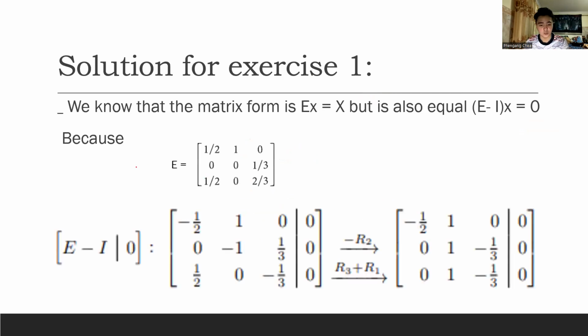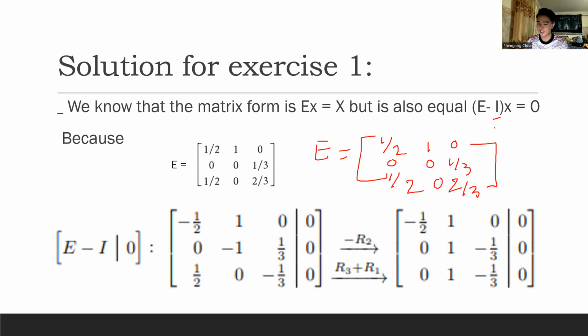Now we know that E is equal to 1/2, 1, 0, 0, 0, 1/3, 1/2, 0, 2/3. But what is I here? I in the matrix, you may need to remember yourself, has many forms. For a 2x2 matrix, I is equal to 1, 0, 0, 1.